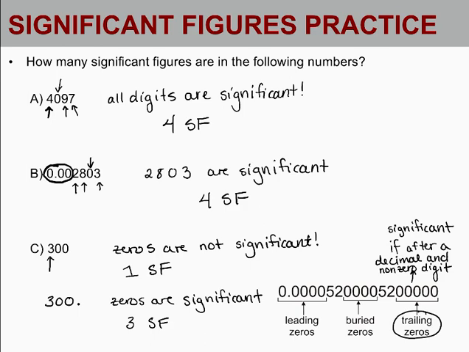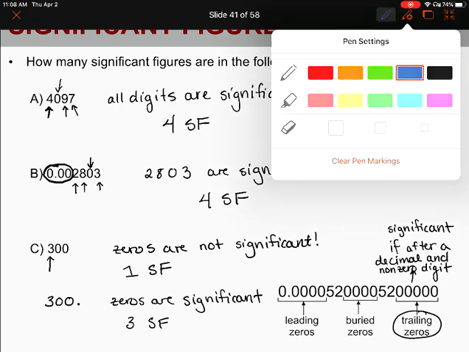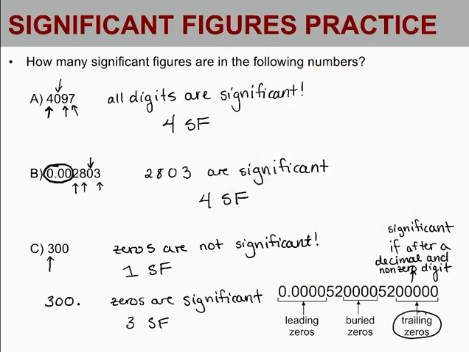significant figures. Now, one thing to keep in mind is that scientific notation, which we just covered earlier, will always tell you the number of significant figures. So, for example, let's look at the first value, 4097.